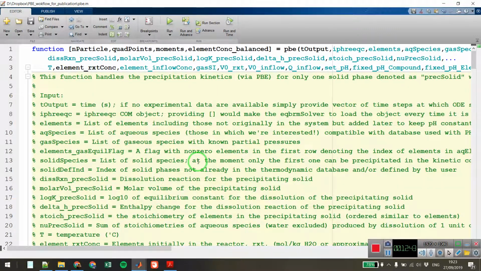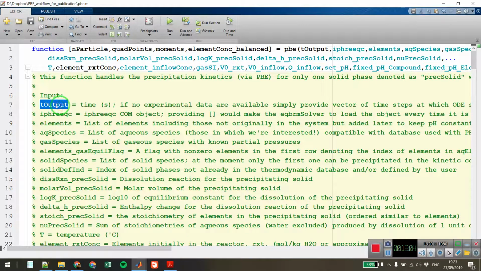So here we have this core PBE function. The task it does is basically integrating the set of ordinary differential equations that we have, which is comprised of the PBE equations, mass balances, plus the equation for the number concentration of the particles in the system. So again, we have different inputs.